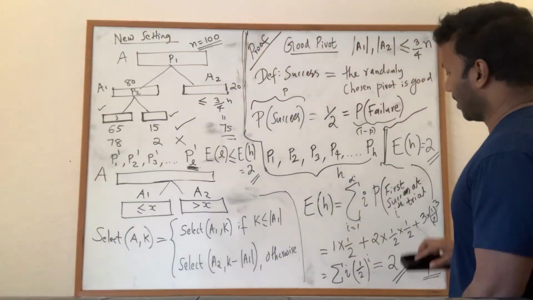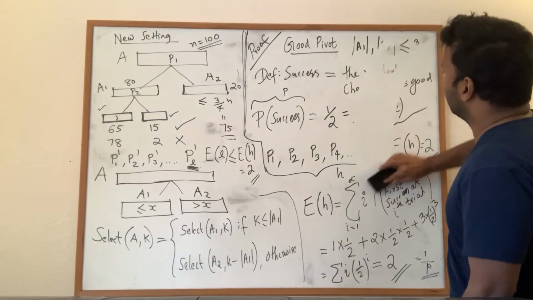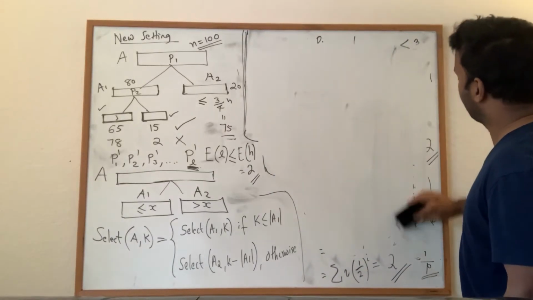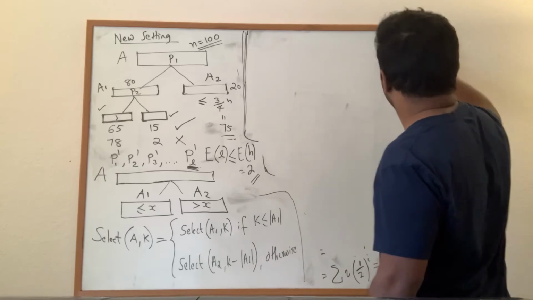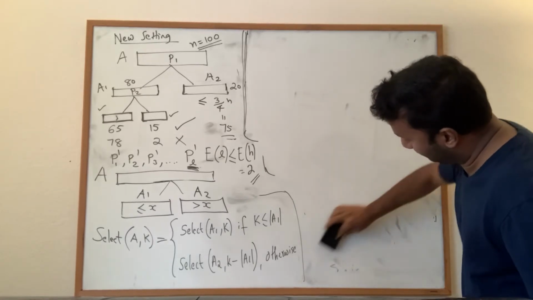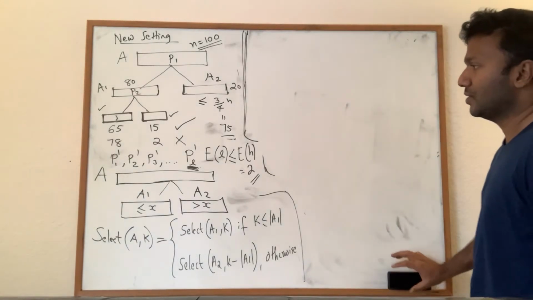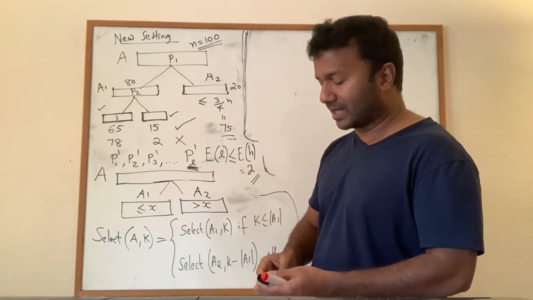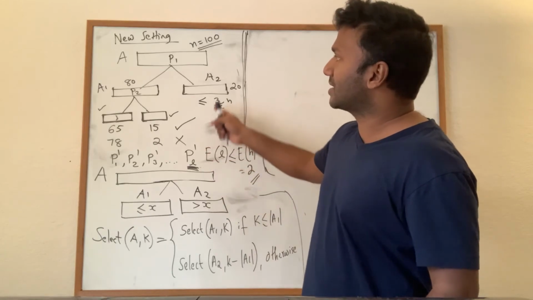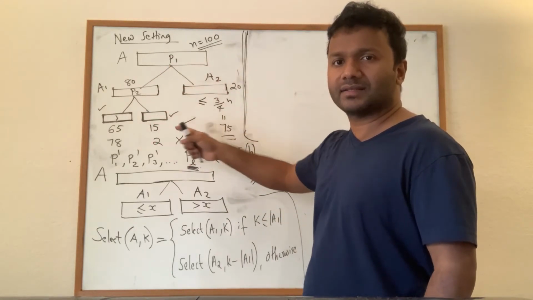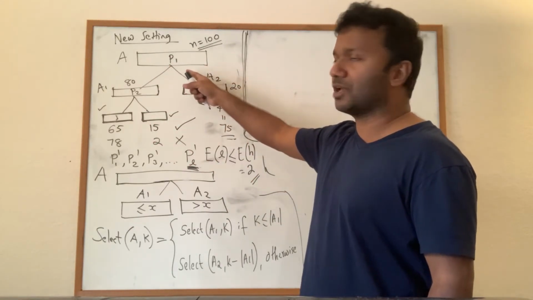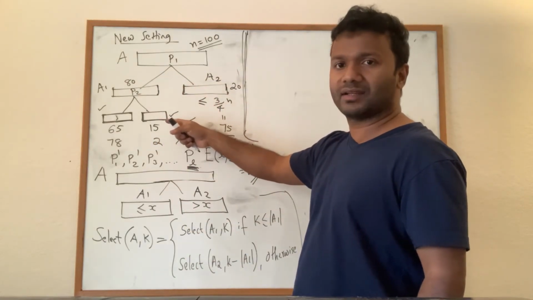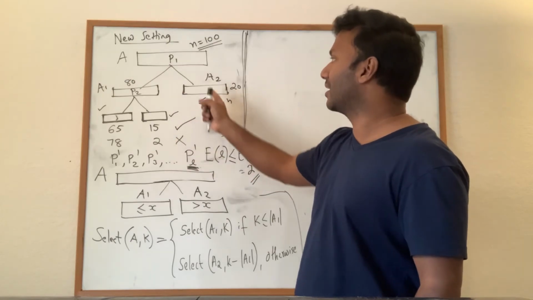Okay, so now we are almost done. So if you look here, our original QuickSelect algorithm, this is exactly what we are doing, right? We are finding a pivot, then we are splitting, finding a pivot again, splitting, etc., right?